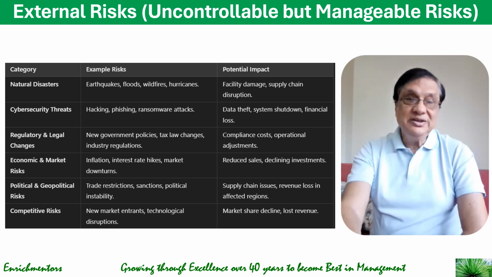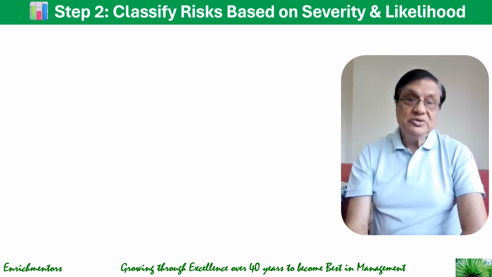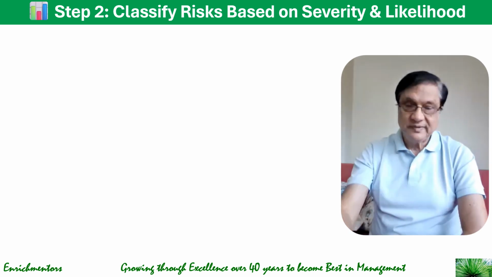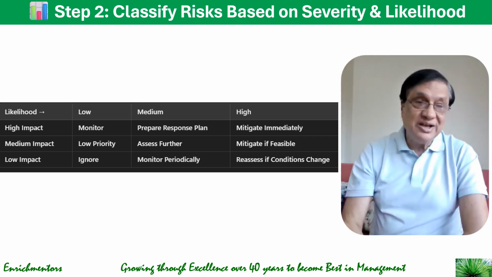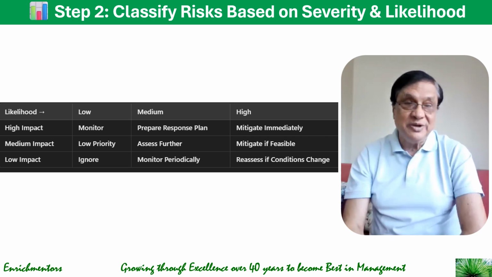Once you have done the external risks identification, you need to classify risk based on severity and likelihood. Normally this is done in the form of likelihood being high, medium, low, and the impact also being high, medium, and low.